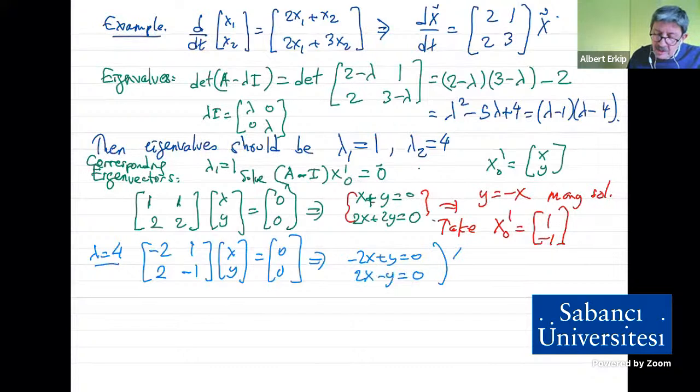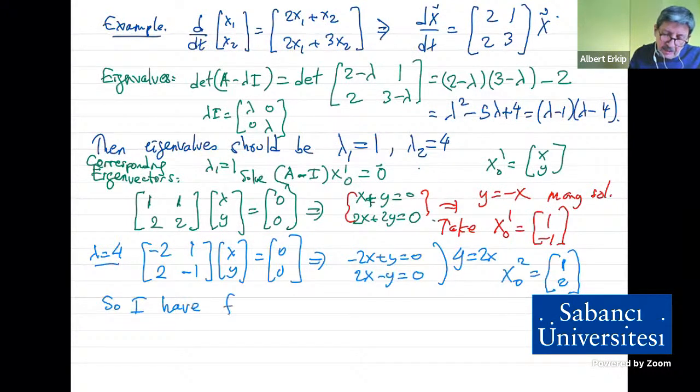So this is just y equal to 2x. I can take x is 1, y is 2, or any multiple of it. Okay, so I have found two special solutions.